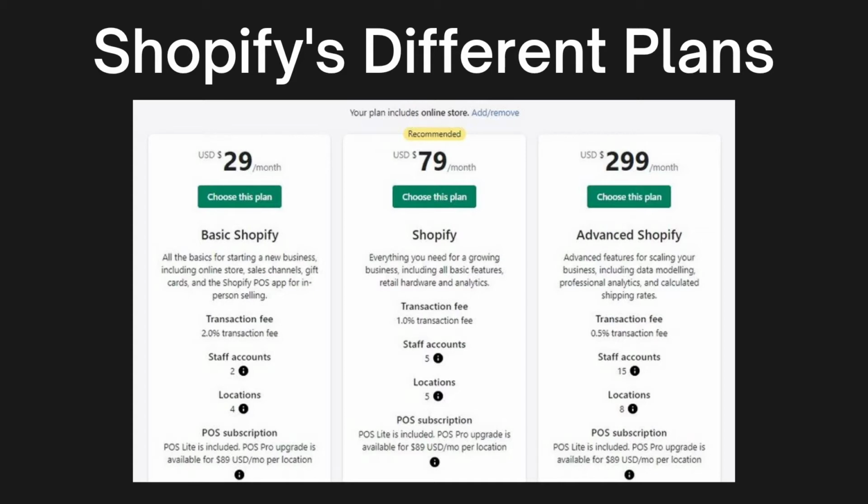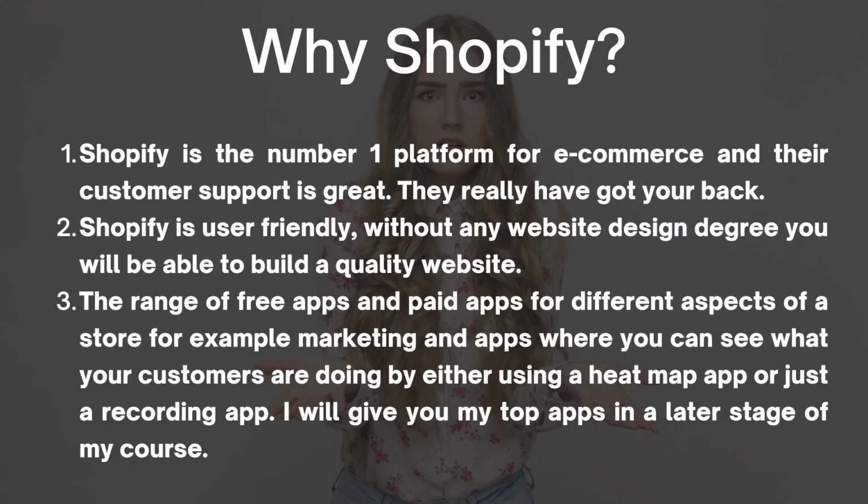Depending on where you are in your journey, some of you probably are just starting, so I would suggest that you go for the basic Shopify plan, and then once you have got some sales, got some money, then you upgrade, because you can upgrade whenever you want during your journey. The more successful you get in your Shopify dropshipping store, the more you'll want to expand your company, and that's when you can upgrade your Shopify plan.